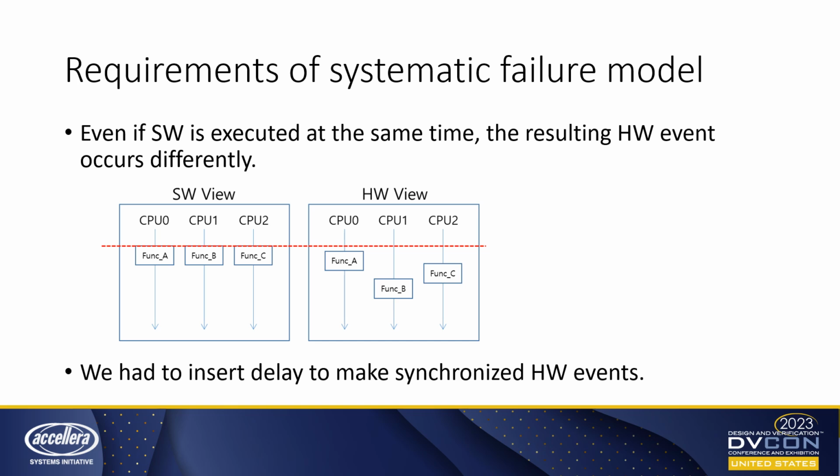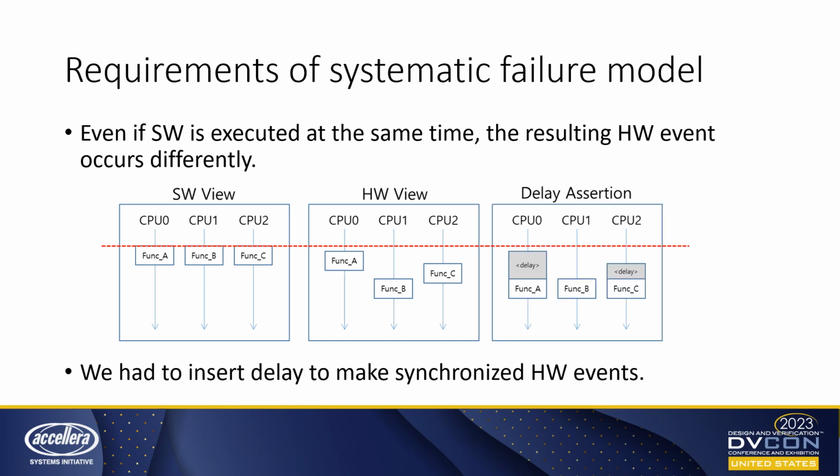But in the hardware view, the output hardware events will occur at different times, because the internal processing time is different for each IP. For that reason, we have modified the delay of CPU 0 and CPU 2, and finally we can make each hardware event occur at the same time.